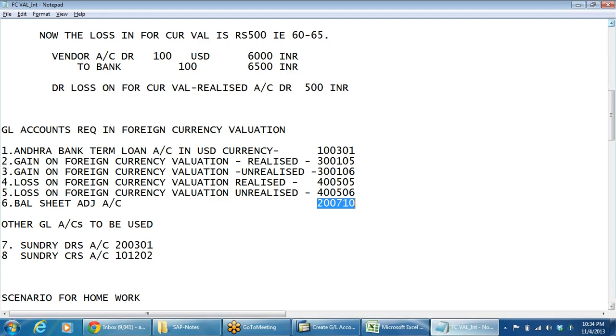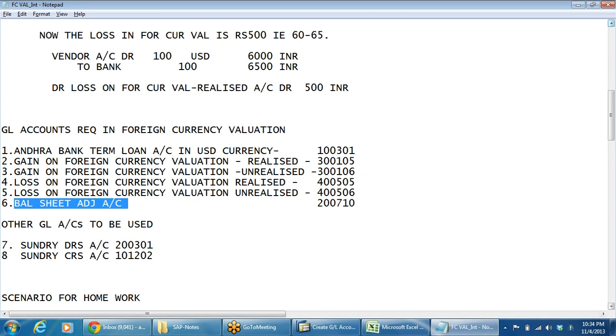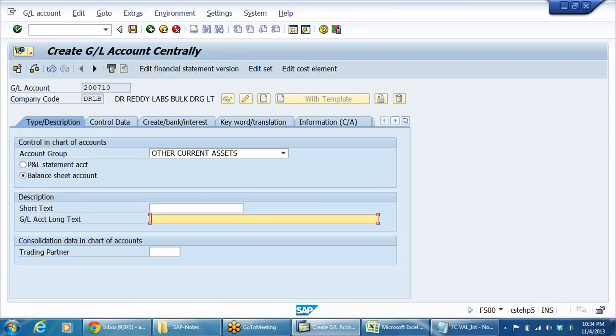This is just the balance sheet adjustment account for foreign currency valuation.